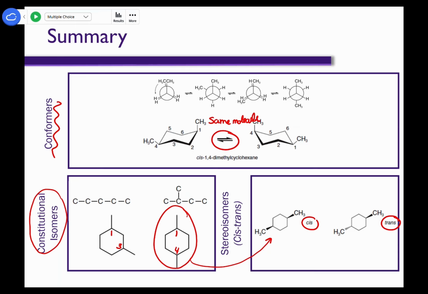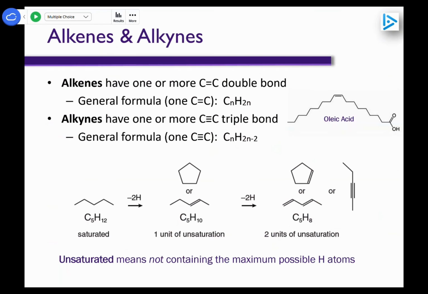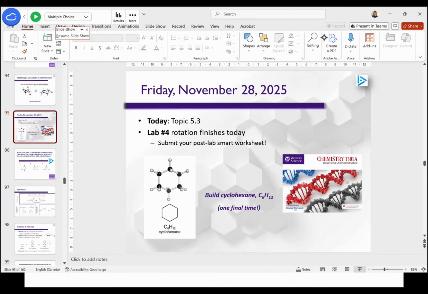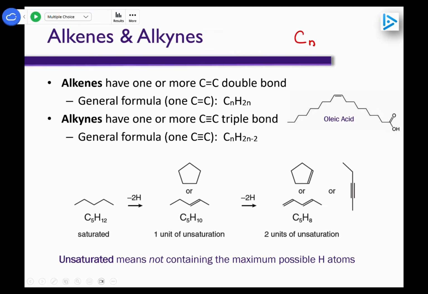All of the examples we've looked at so far in 5.3 have to do with alkanes, cyclic or acyclic, but now we're going to move from alkanes to alkenes. Alkanes, you'll remember, had the formula of a ratio of carbons to hydrogens, where we have double the number of hydrogens plus 2 if it is an alkane.